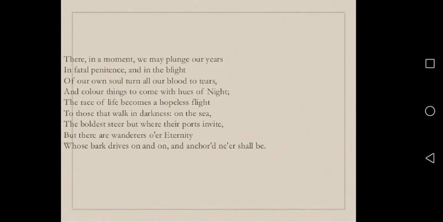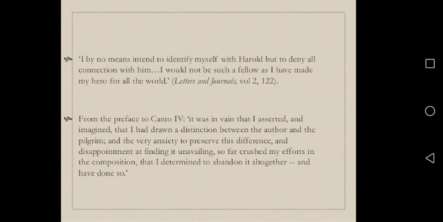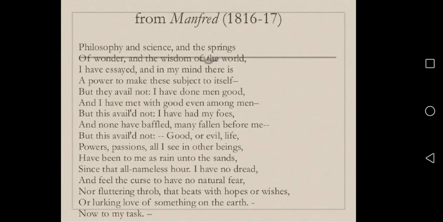Steerforth in David Copperfield manifests the concept of the fallen angel aspect of the Byronic hero. His violent temper and seduction of Emily should turn the reader and indeed David against him. But it does not.